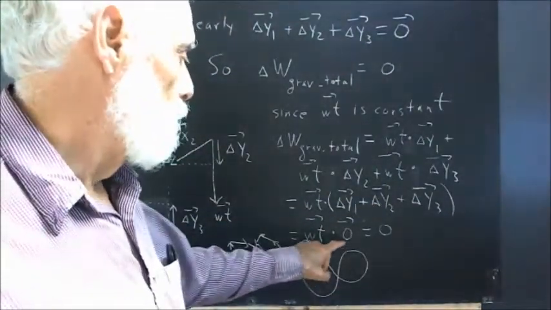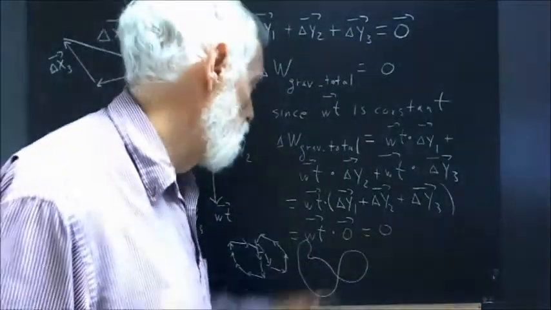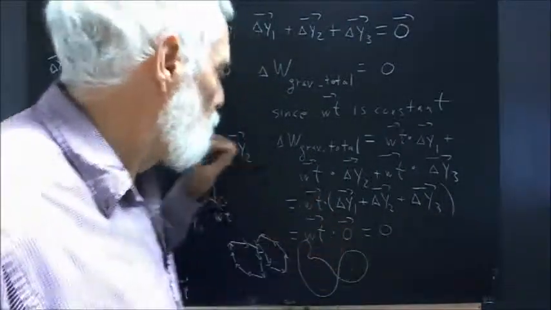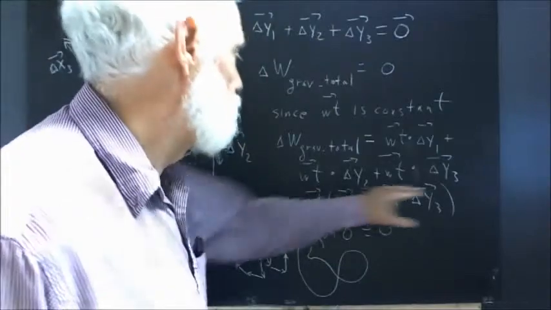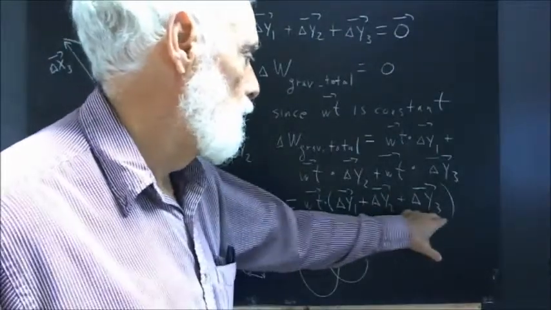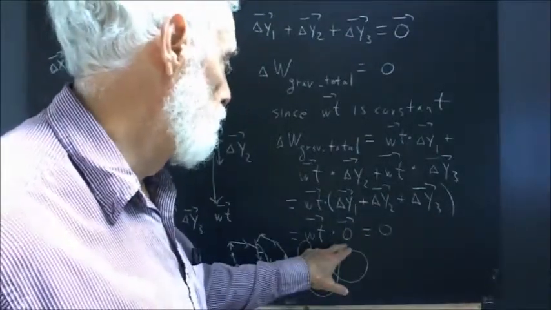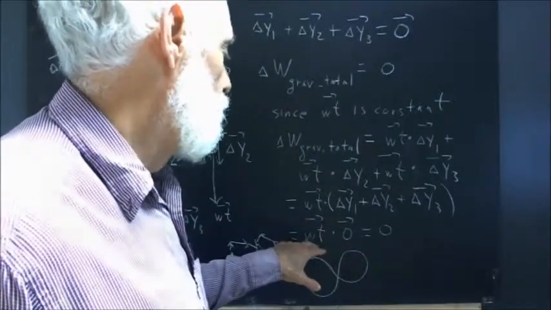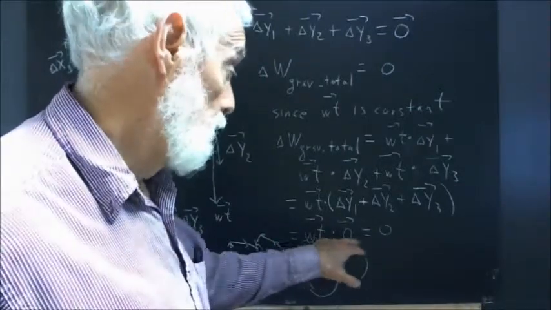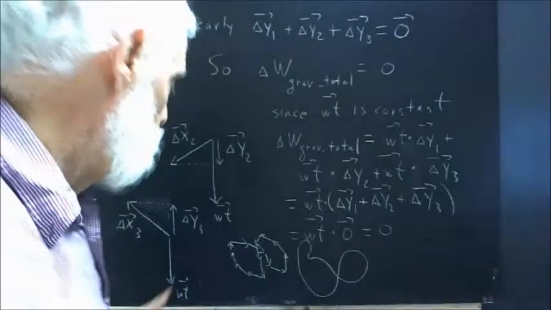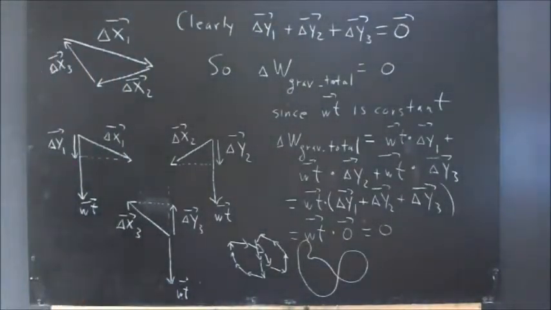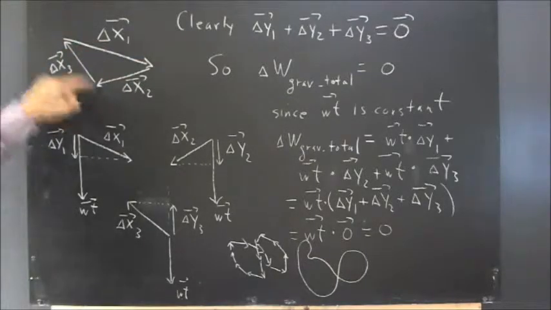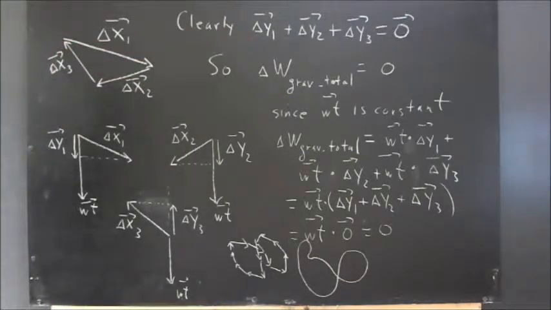And we conclude that this sum, since the delta y1 through delta y3 add up to the 0 vector, is just the weight dotted with the 0 vector, which is 0, meaning that gravity does 0 work on this ball as it travels this closed path.